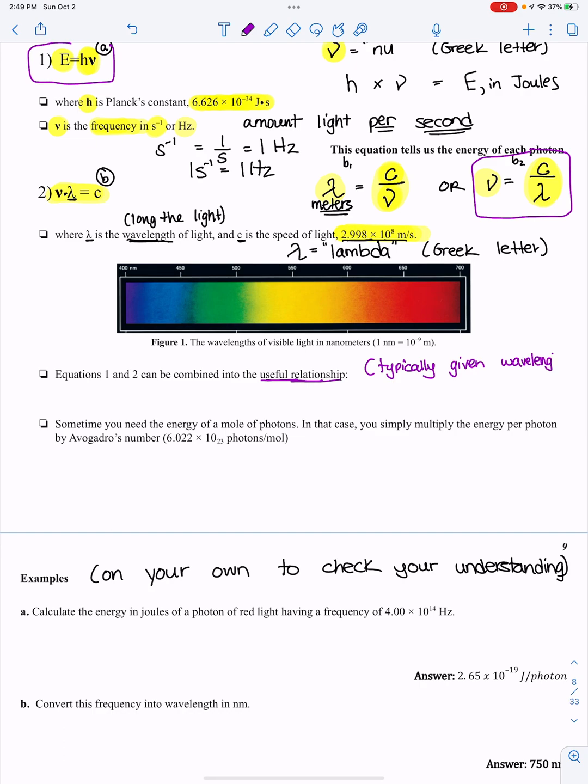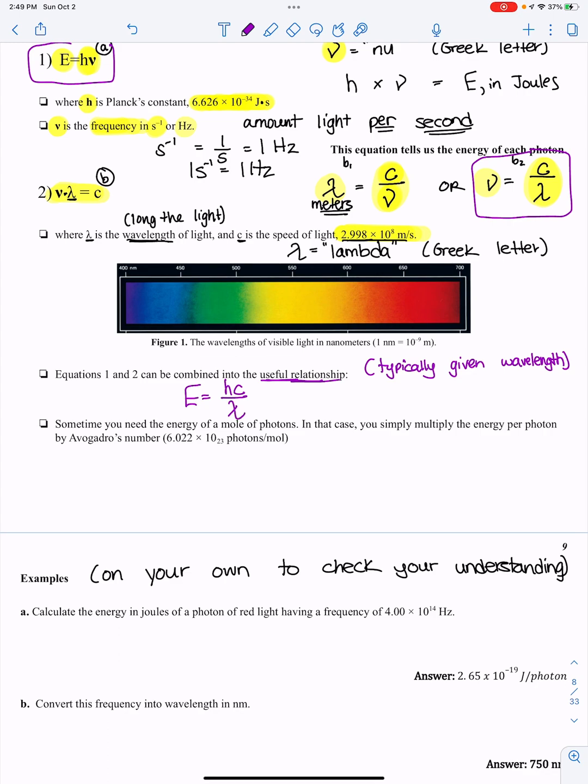It's not often that we're given the frequency. So I could say E is equal to hc divided by lambda. That was horrible. I'm going to rewrite that because of my handwriting and a little OCD. hc over lambda. That's a little bit better, right?